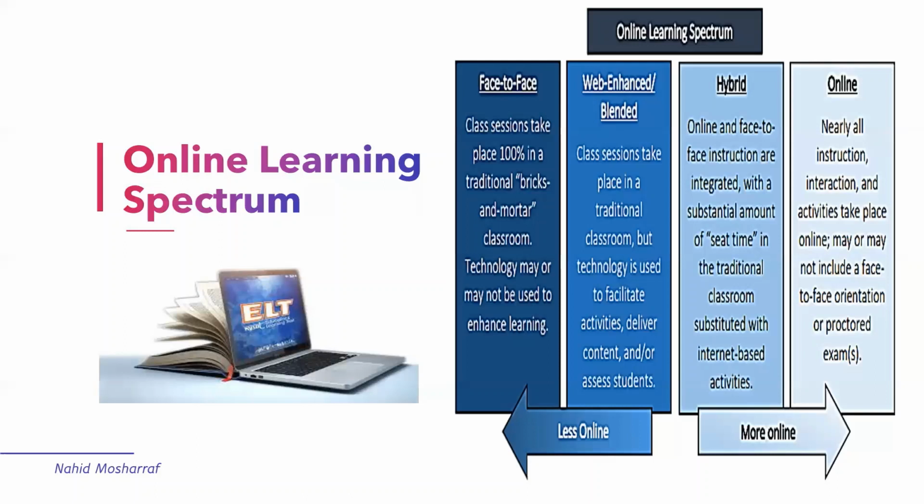So group section A1 will take class for 1.5 hours physically in the classroom, and the other 25 students will also take class physically present in the university or in the classroom. So they will take class in the classroom for 1.5 hours.